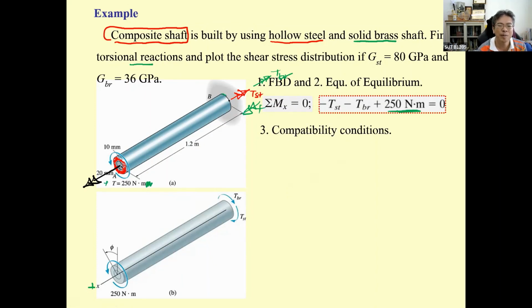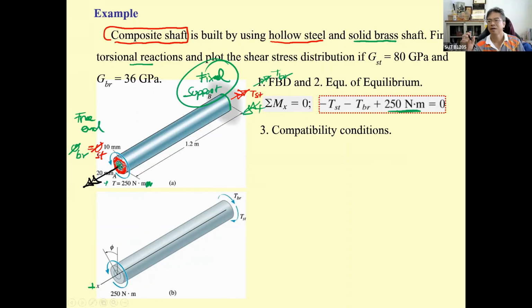For compatibility, you may observe this one is fixed. At the support, the rotation is going to be 0, and this one is the free end. The rotation of the brass core over here and the rotation of the steel are going to be equal, because as I said, they stick perfectly and work together.